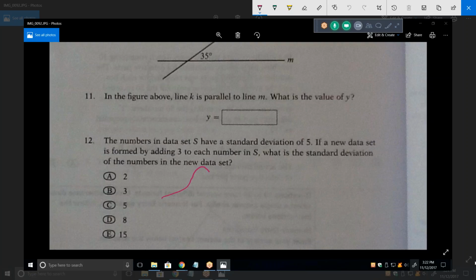First of all, when you talk about standard deviation, you're normally talking about a normally distributed curve, where this is the mean. And standard deviation is a measure of spread.